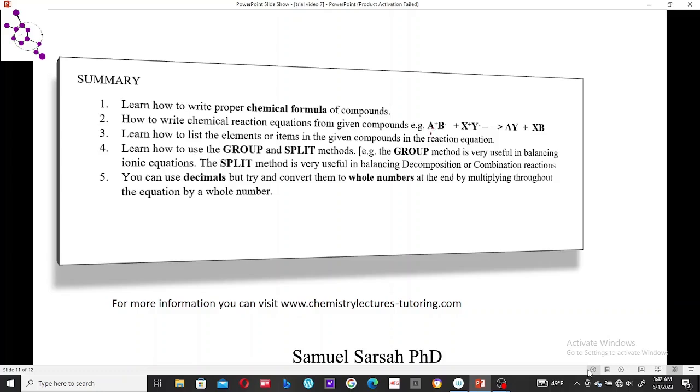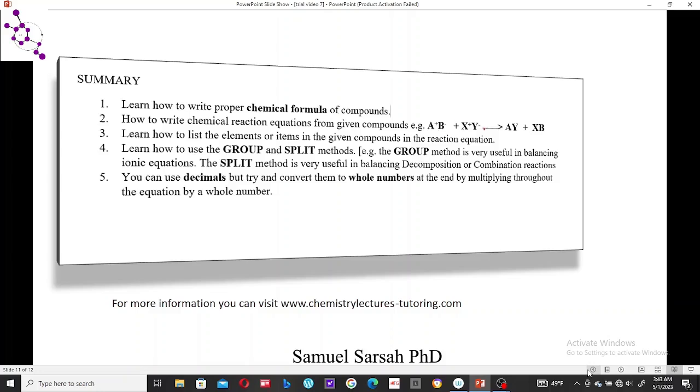So this, for instance, is AB. They will not show you the positive side or negative side, but you have to know this. So they will give you AB plus XY going, and then you will write the product here. So if you know which side is a positive side and which side is a negative side, all that you need to know is just positive always combines with the negative side.